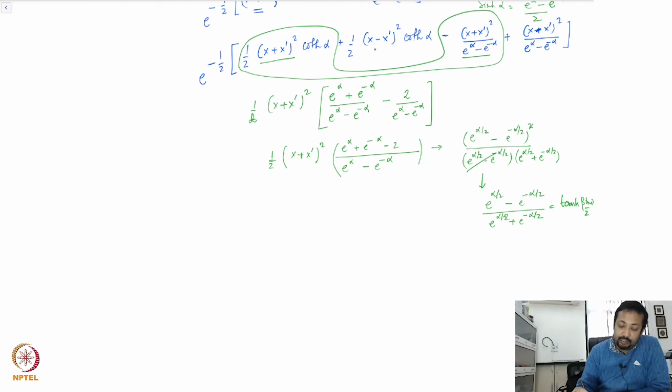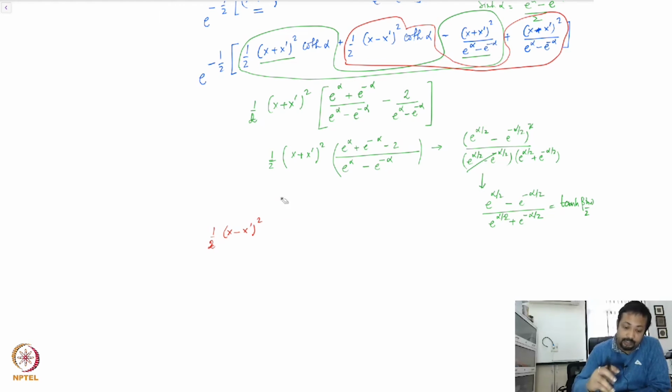Similarly, if you now look at this term and combine it with this term, you are going to get half of (x minus x prime) whole square coth alpha, which is again (e to the power alpha plus e to the power minus alpha) divided by (e to the power alpha minus e to the power minus alpha) plus 2. Sorry, this has to be plus now, both of them have the plus signs.